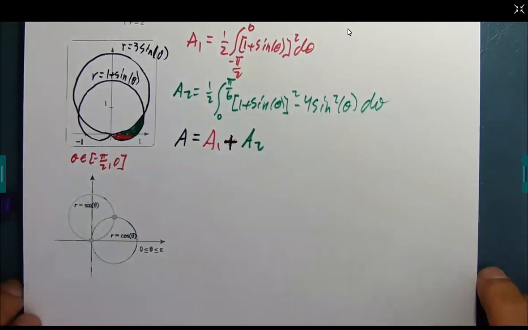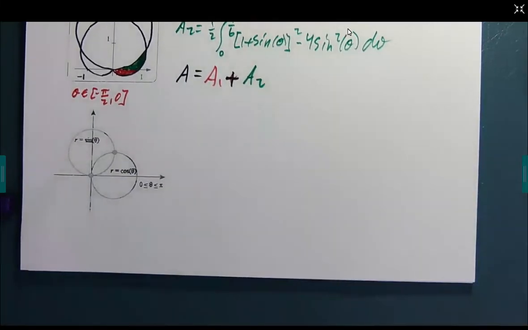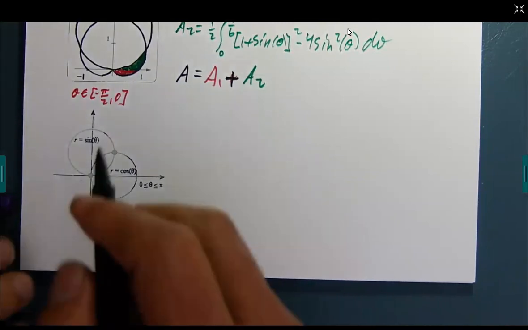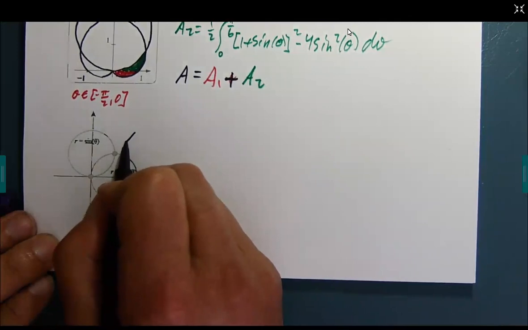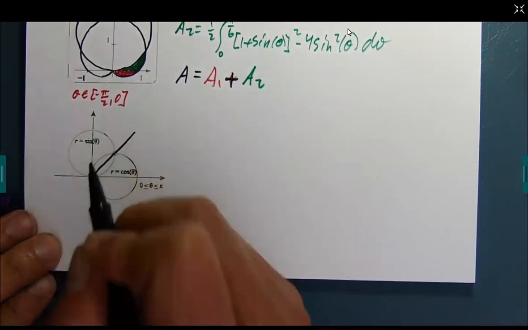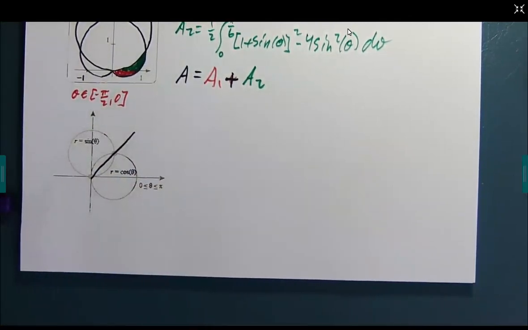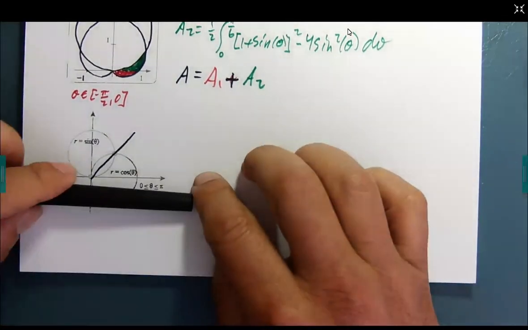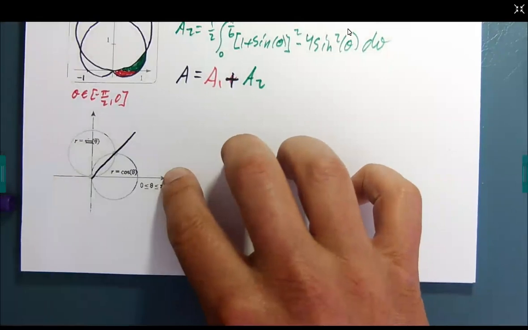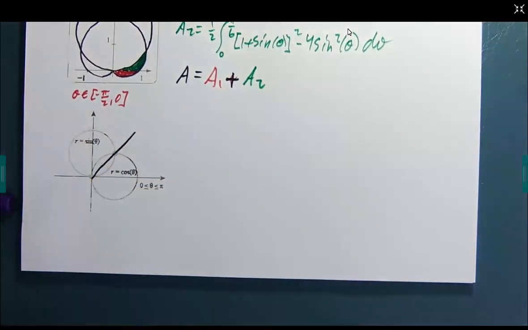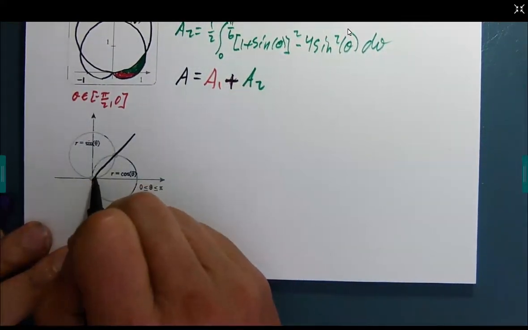All right, this last one, again, we're just doing setup. I want to point out that there is a break right there. So for the first, so from 0 to whatever that angle is, we're only dealing with this curve right here.